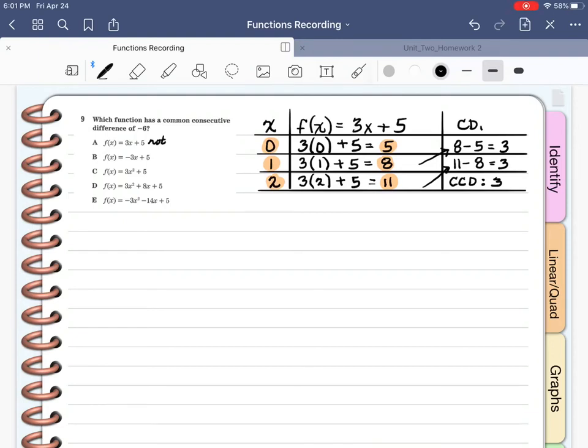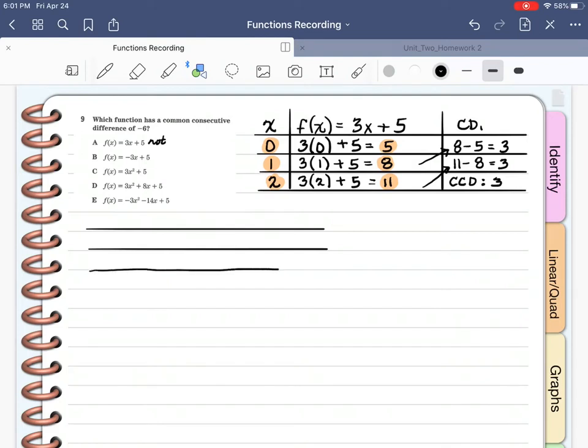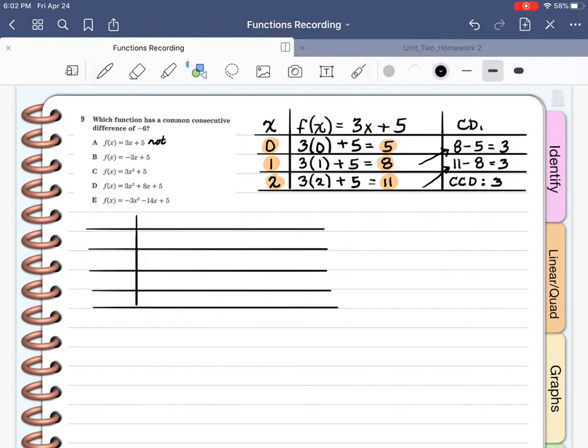Okay, let's try B. Again, B is linear. It's first degree. So I'm going to need a very similar table to do this one. Again, I'm going to use those same values. You can pick whichever values you want, but these will be just fine.